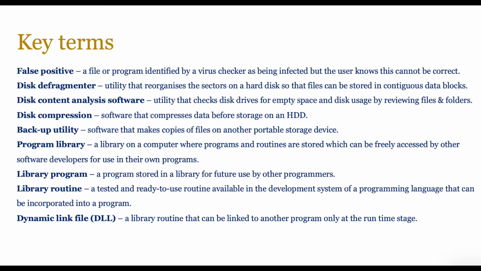So do pause the video and jot these down. And finally, you've got program libraries and library programs, library routines, dynamically linked files, DLLs. All of these are preset pieces of code which can be freely accessed by other software developers, and they are used to extend programs and give greater functionality within the operating system.